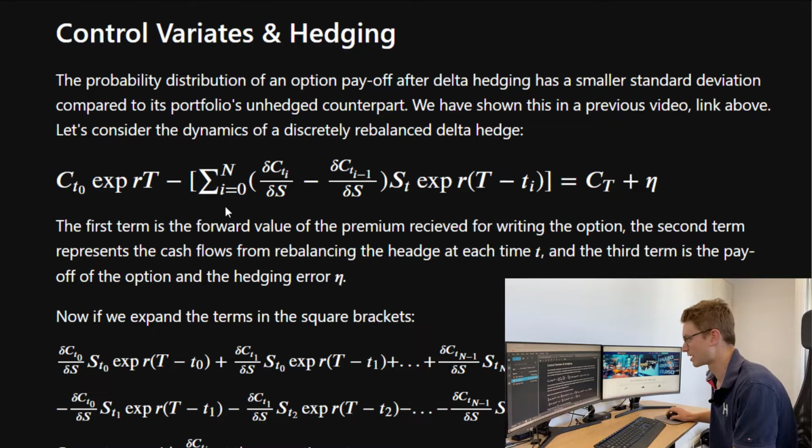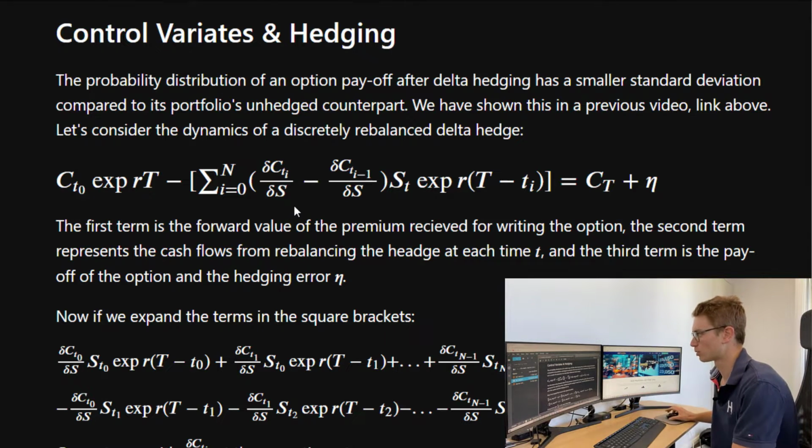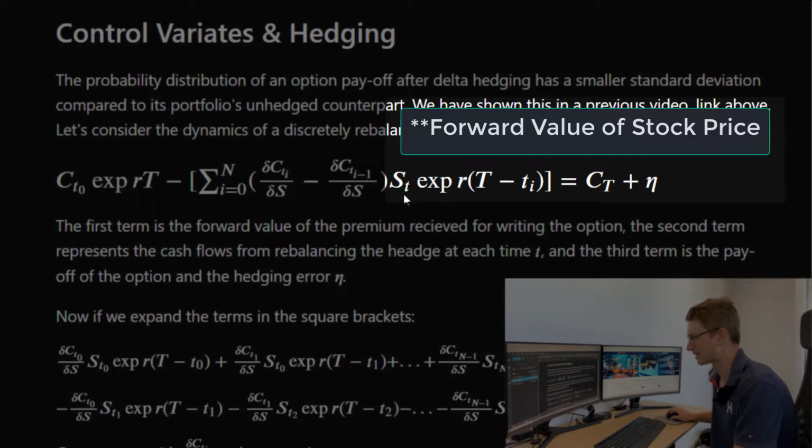We have this delta hedging component where we're taking the difference between the deltas calculated between one time step and the next, multiplied by the discounted stock price. And that gives us the amount that we're going to accumulate in our rebalancing.